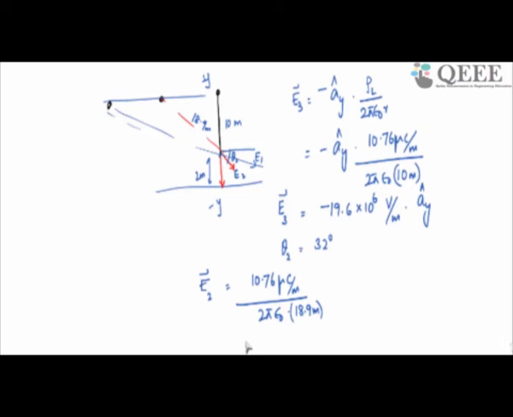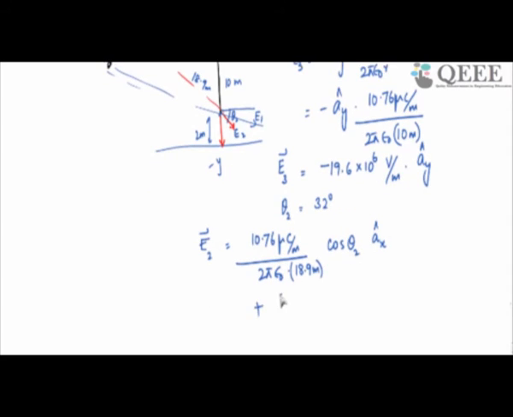Okay. And cosine of this component would be along AX plus, so this is the magnitude, cos component is along AX, and the same 10.76 microcoulomb per meter divided by 2 pi epsilon naught into 18.9 meter into sine of that theta 2 is along minus AY direction.